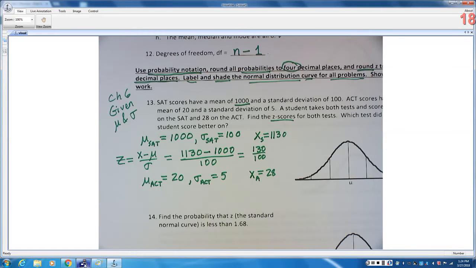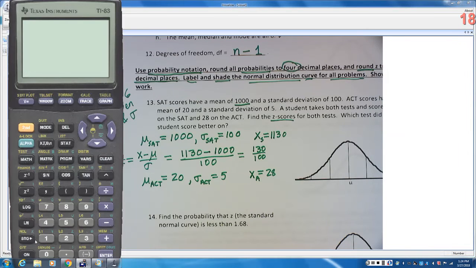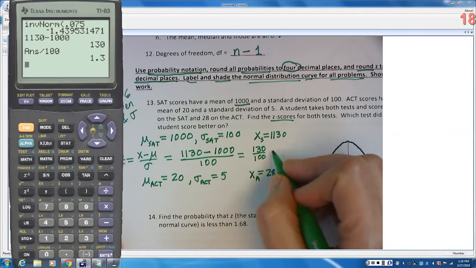And if you do this on your calculator, minus 1,000 divided by 100, you have to either use parentheses or do the numerator first. You get 1.3.